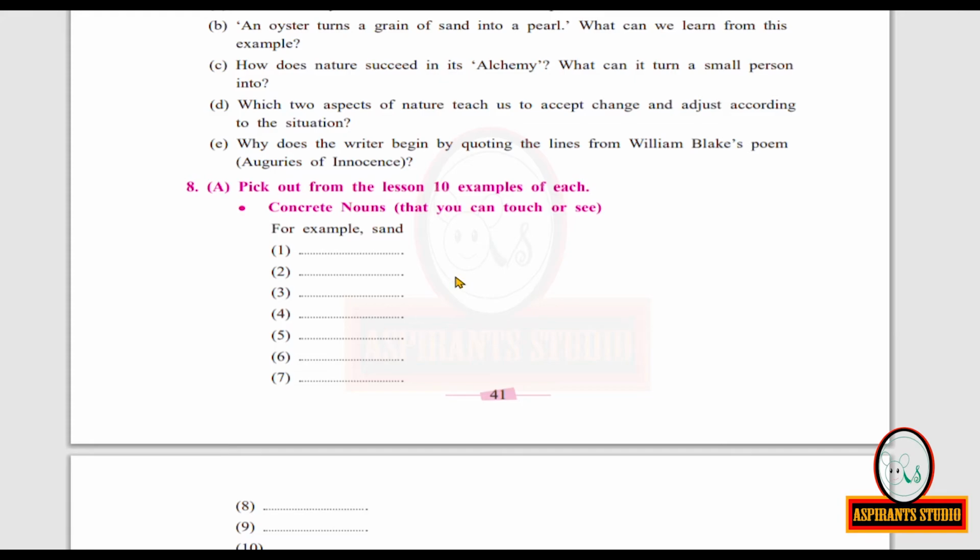So now you can write sand, flower, ocean, rock, water, bird, ant, oyster, pearl, caterpillar, butterfly.